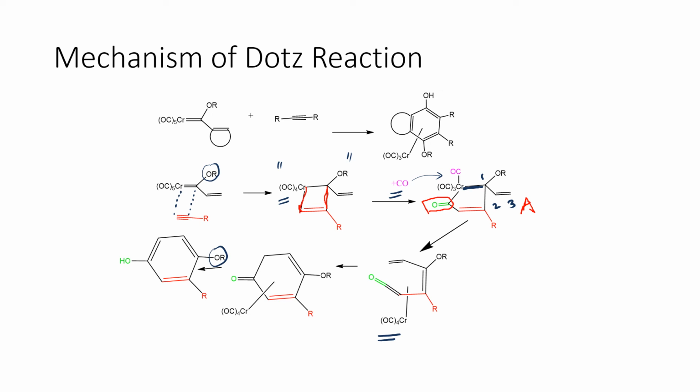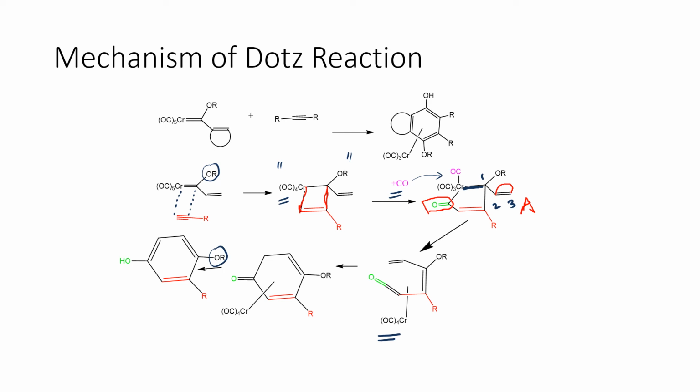But surprisingly, the chromium carbon bond, which is marked in a dark blue color, migrates to the third position of this allylic moiety. Remember, carbon atoms 2 and 3 are in fact part of a ring system, but it's not marked here.